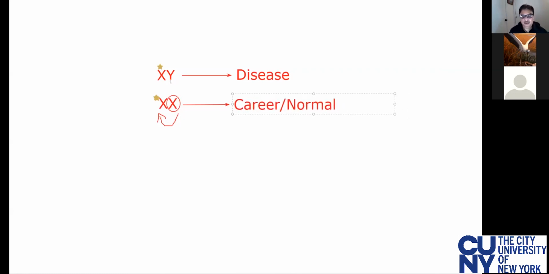But a male has only one X. If that has a problem, the male will 100% have the disease. But a female will have the disease only when both the chromosomes have problems.